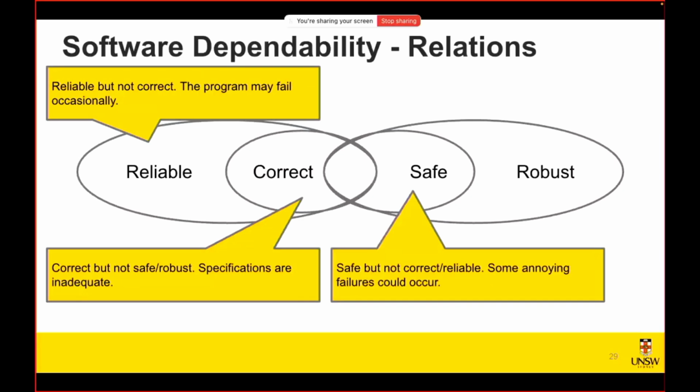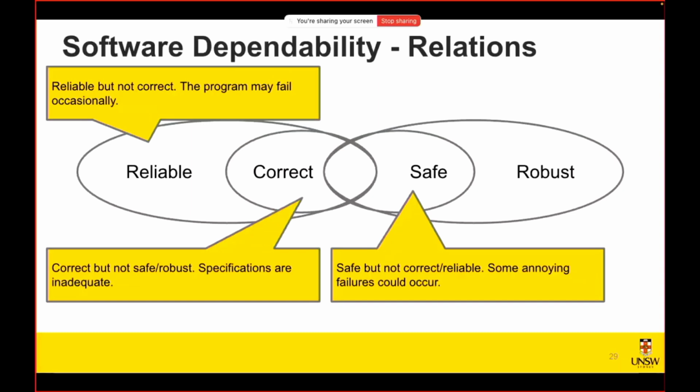And we can also see that on the other hand, there could be some software which is safe but not correct or reliable. So this means that the software is free from all the undesired behaviors, regardless of the specifications.